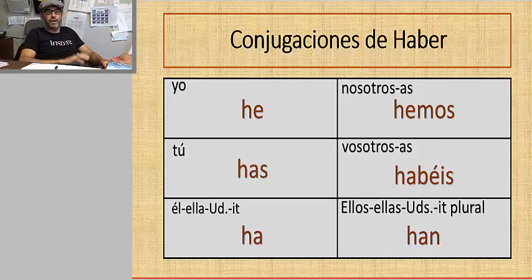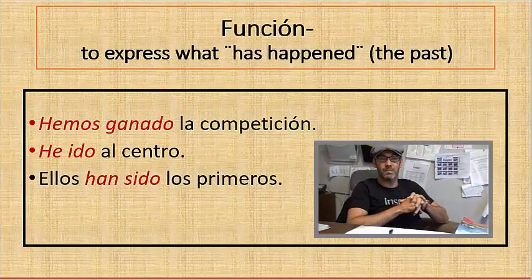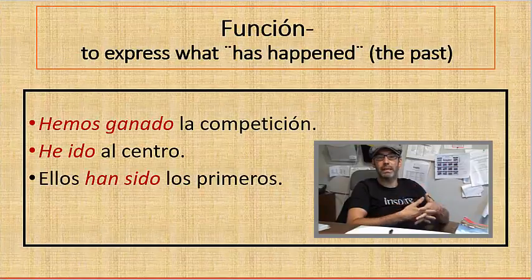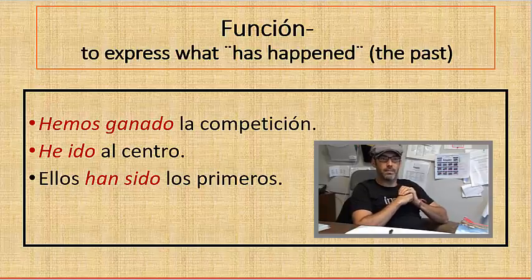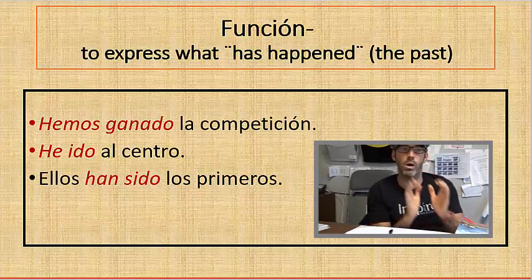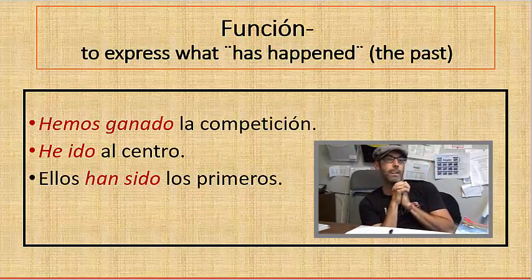Now let's look at the function of the pretérito perfecto. The main function of the pretérito perfecto is to express what has happened in the past. It's another way to speak in the past with a slight twist to it, and we'll talk about that in just a second. So here are some examples. Hemos ganado la competición. We have won the competition.